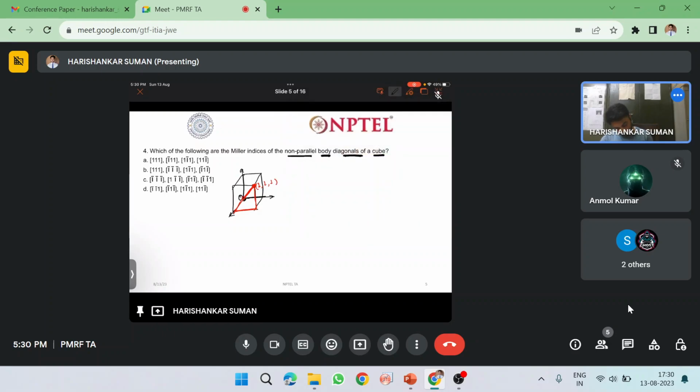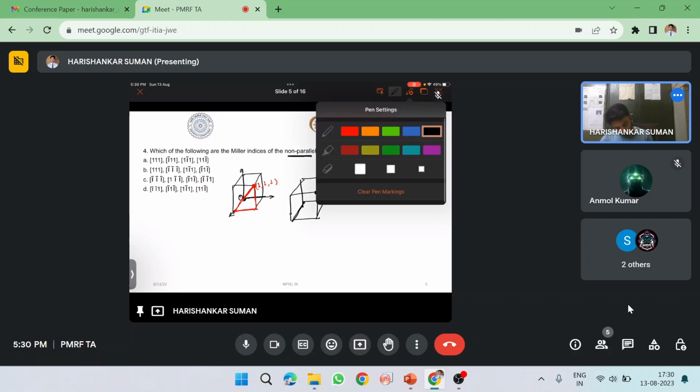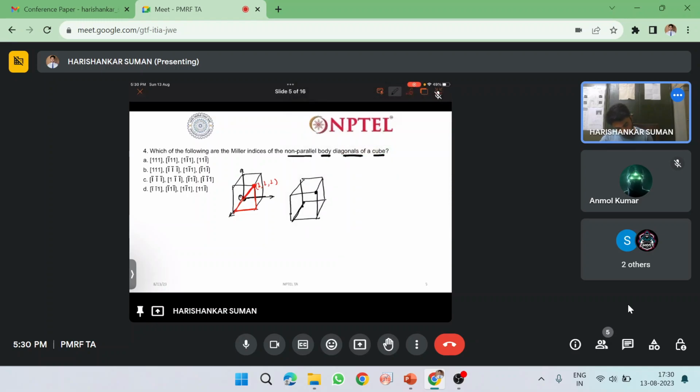Similarly, I take the origin here. This is the x-axis, the y-axis, z.